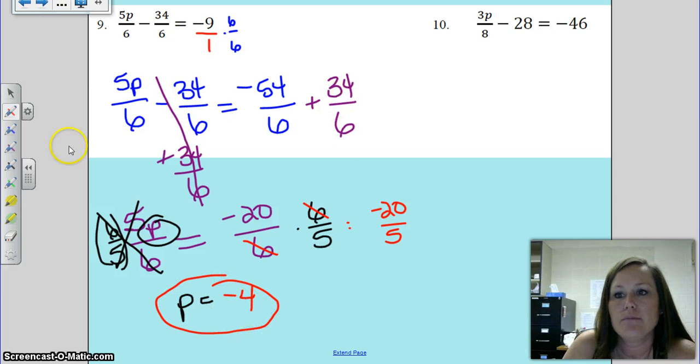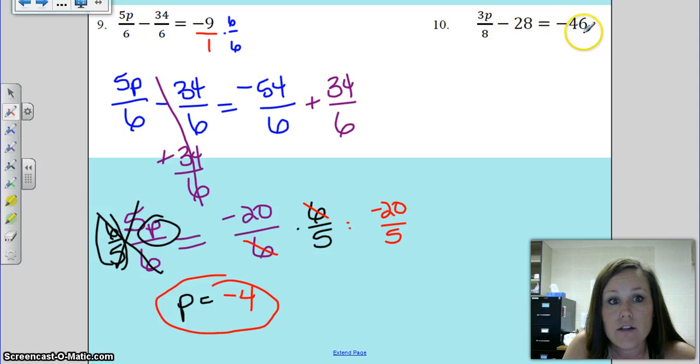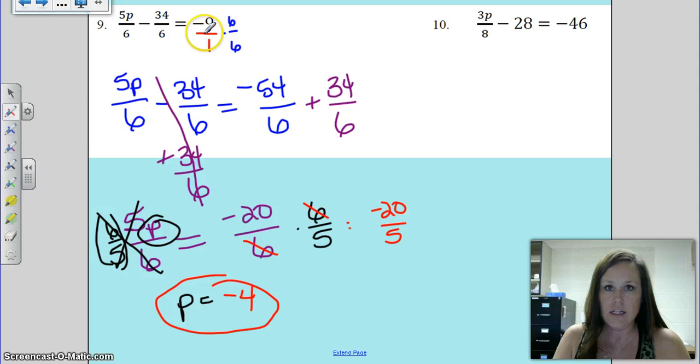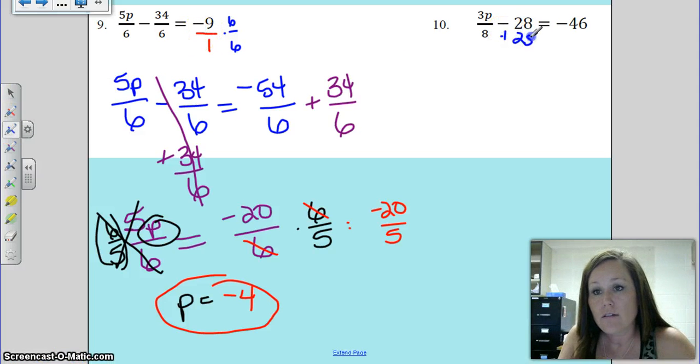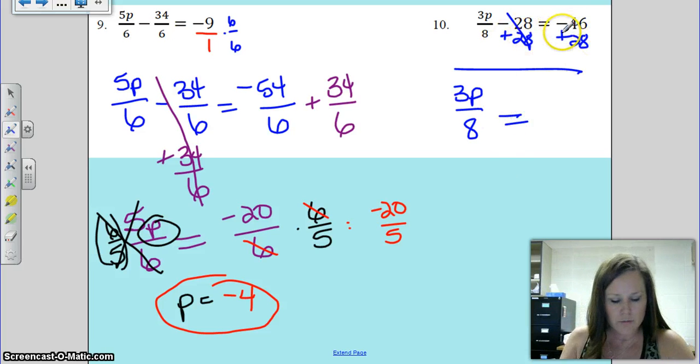Cool. Okay, number 10. This one has a fraction, but the other numbers don't. I don't need a common denominator here because I can add 28 to 46 without a denominator issue. Earlier, I could not add 34/6 to 9 because it didn't have the same denominator. So we're going to add 28, and we have 3p over 8 equals, that's a plus, negative 46 plus 28 is negative 18.